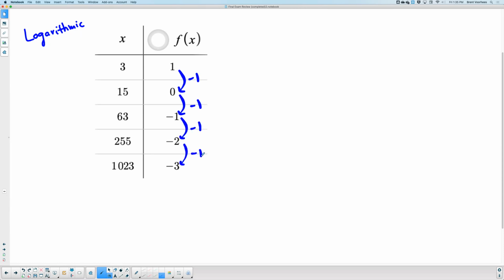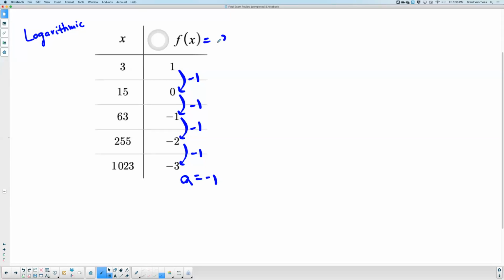Which I'm going to come back and ask a question about this. What's happening with the x's? It's hard to tell, but is it adding the same amount every time? 3 to 15 is adding 12. Do I add 12 to get from 15 to 40 to 63? So if I'm not adding, what must be going on? It must be multiplying. So we call this log. Do you remember what this consistent value on the y's is called? That is your A. A equals -1.